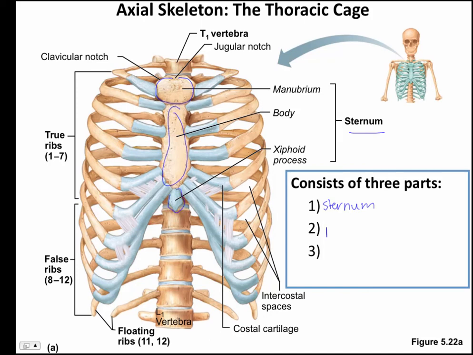We have the ribs, and the ribs, we actually have three different regions of the ribs. We have true ribs, false ribs, and floating ribs. We have 12 in all. So the very first 7 are true ribs because these attach directly to our sternum.